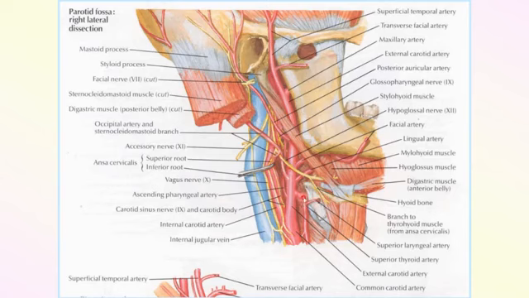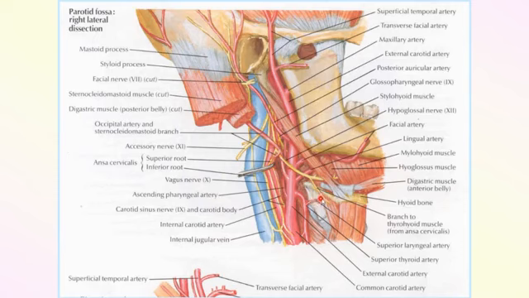So the superior thyroid artery is going to originate from the external carotid artery, then travel pretty vertical to the external carotid artery and inferiorly, and it'll give off the superior laryngeal artery, which will pierce the thyrohyoid membrane with that internal laryngeal nerve.